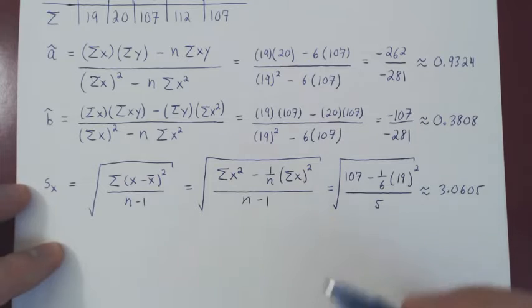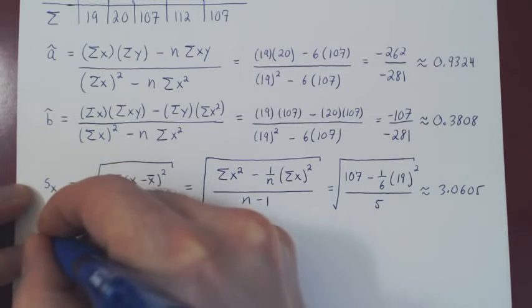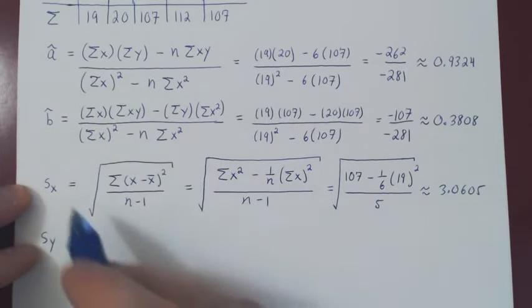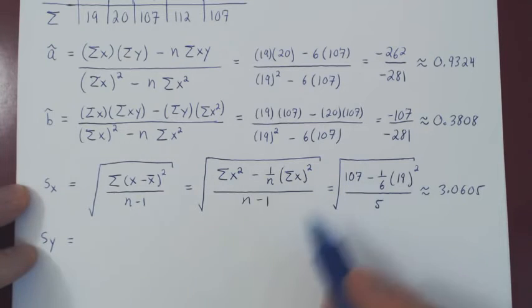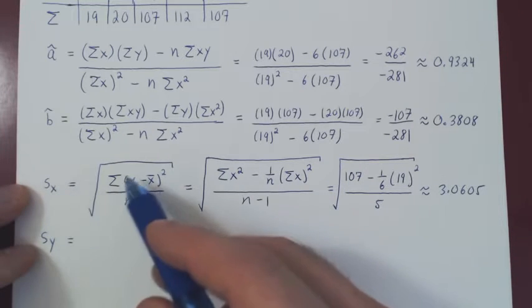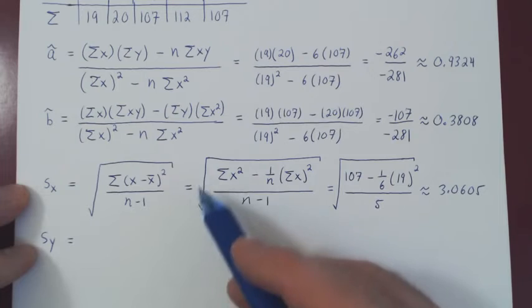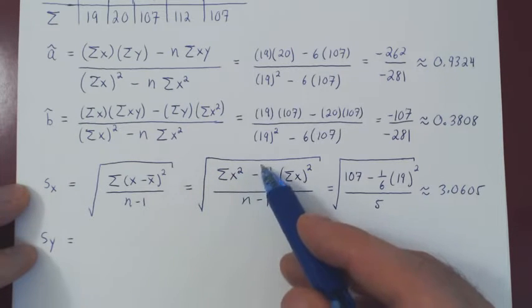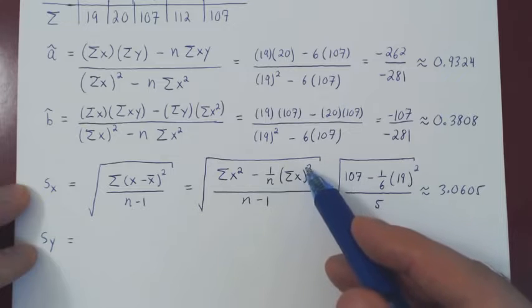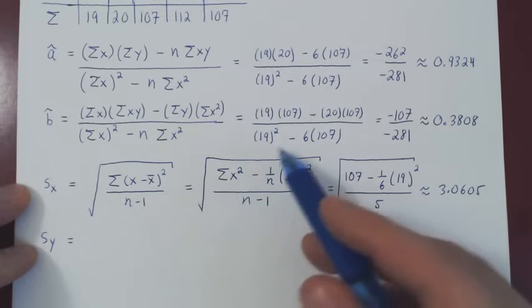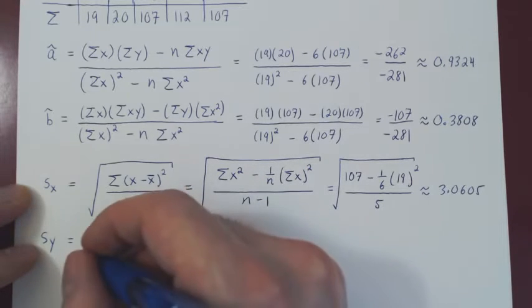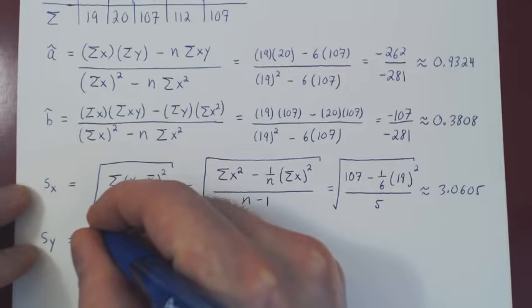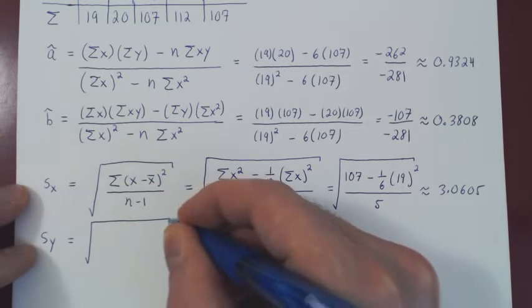Well, you can imagine that for the deviation for the sample of y values, it's a copy-paste of this. Change, of course, the x for y. So it'd be the square root of the sum of the y's squared minus 1 over n sum of the y's all squared over n minus 1. So I'll jump ahead.